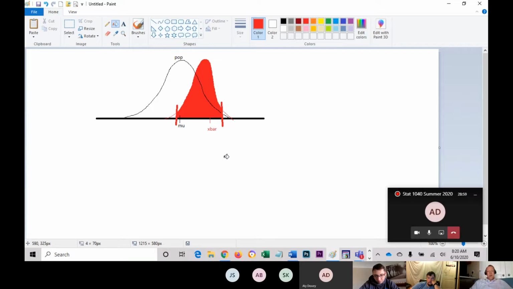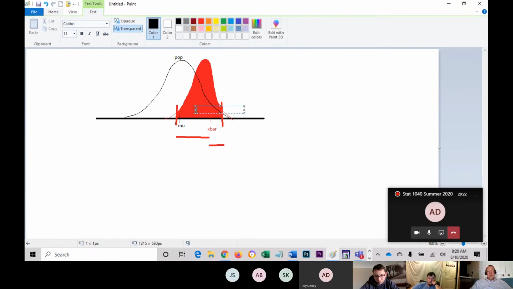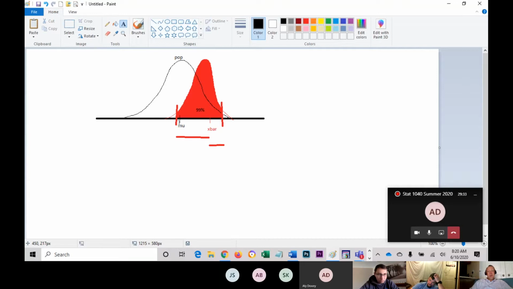If this is your X bar, now I didn't draw this very symmetrically, as you can see, because the left side is a lot bigger than the right side. That X bar is supposed to be in the middle. But let's say that this is a 99% confidence interval. You can see that mu is in my confidence interval.